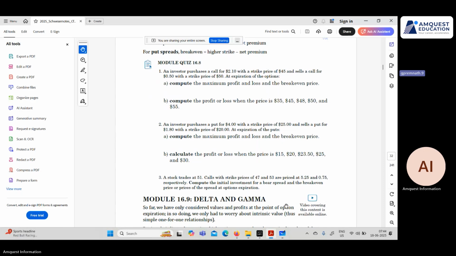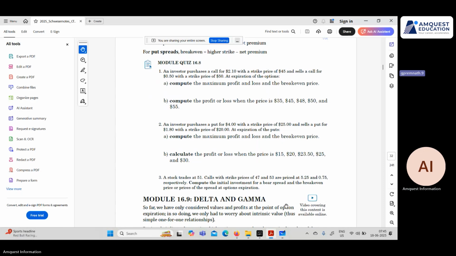Compute the initial investment for a bear spread and break-even price or prices of the spread at the options expiration. Calls with a strike price of 47 and 53. Bear spread. This is interesting. So compute the initial investment.